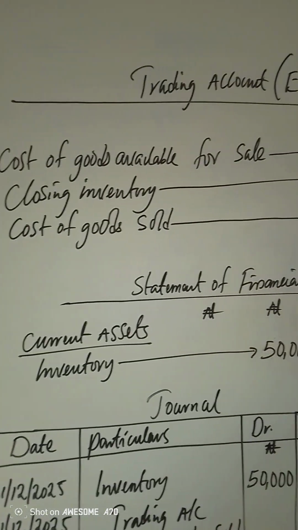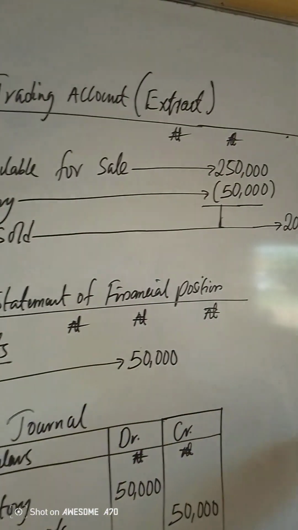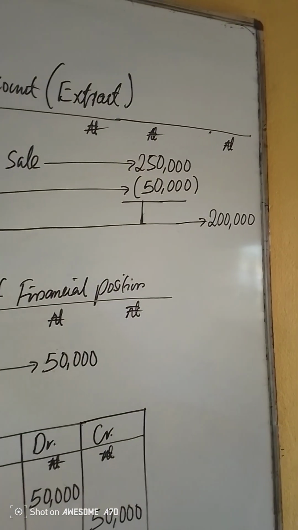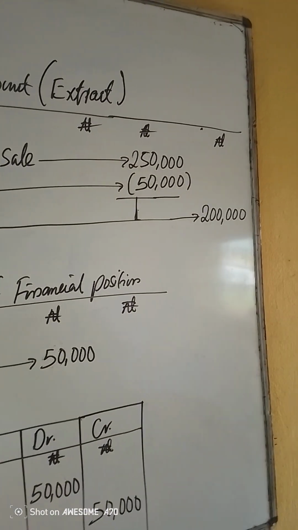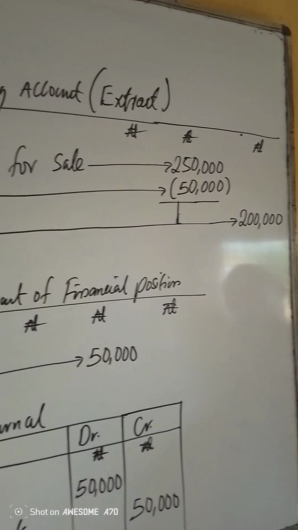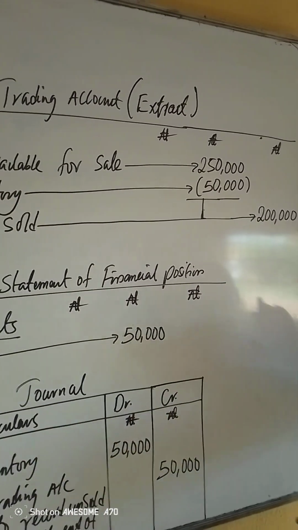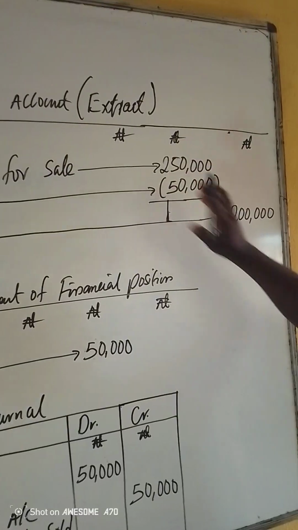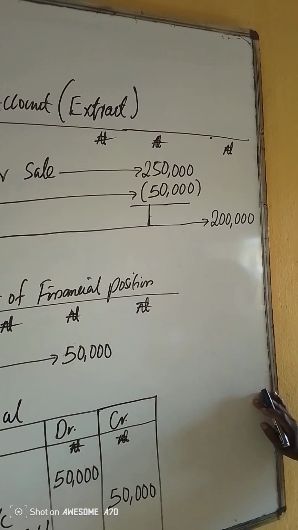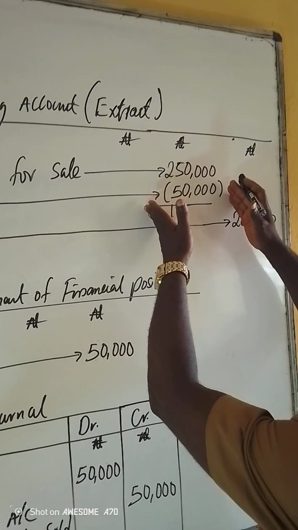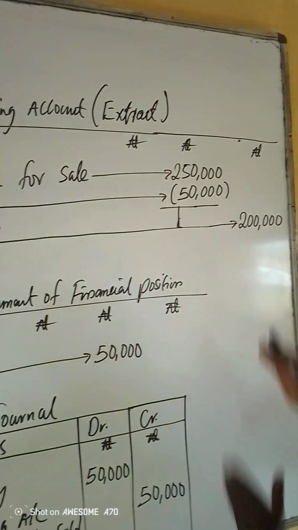Here is an assumption. Let's assume that the cost of goods available for sale, after preparing the other items as I showed in my previous class, how the format is followed, you arrive at a cost of goods available for sale that was 250,000. Here comes the adjustment. Look at the adjustment of closing inventory we're talking about.